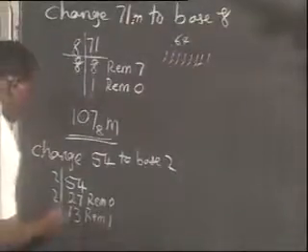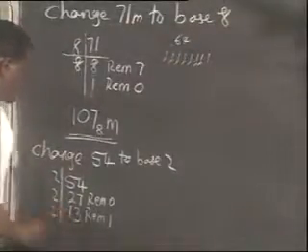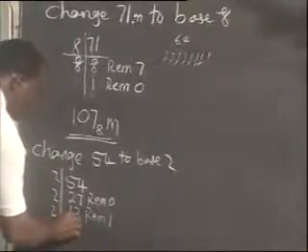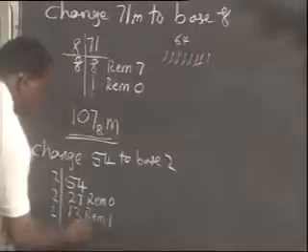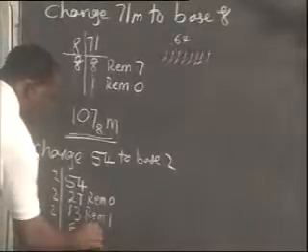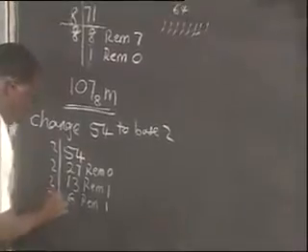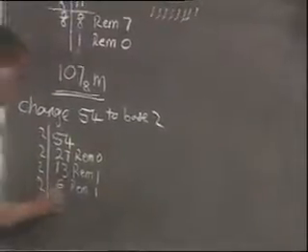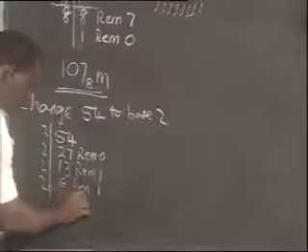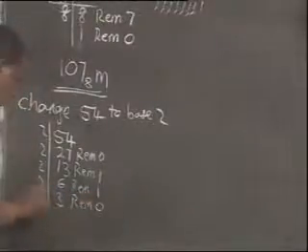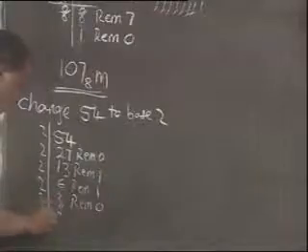Now we say 2 in 13. That's 12, making 6. Remainder 1. 2 in 6 now, 3. Remainder 0. 2 in 3, 1.